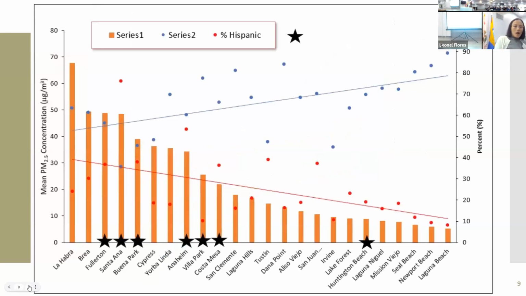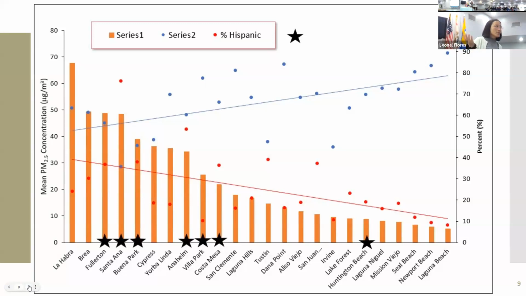Okay, so this one showed you some PurpleAir sensor data, not only in Santa Ana, but also in other cities. And here we picked all the cities with PurpleAir sensor data in Orange County. Not all the cities in Orange County have PurpleAir sensor data. Here, I think it's around 24 out of 34-ish cities that have it.